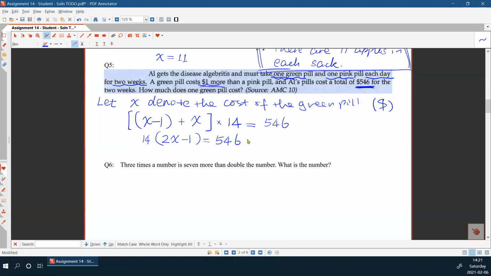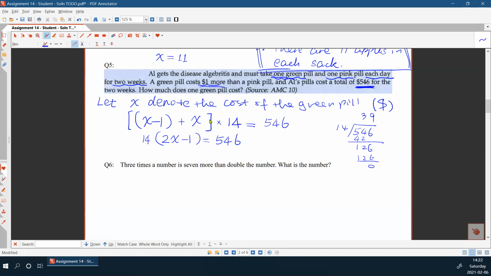Okay, and then let's check if 546 can be divided by 14. Okay, you can use 3 here, right? 42, 1, 2, 6. And you have 9, right?